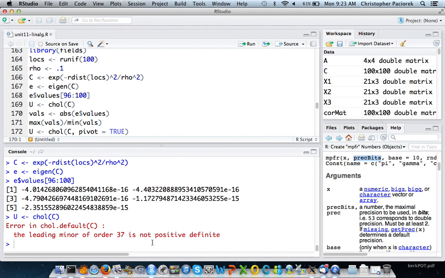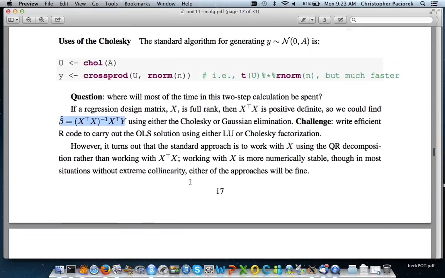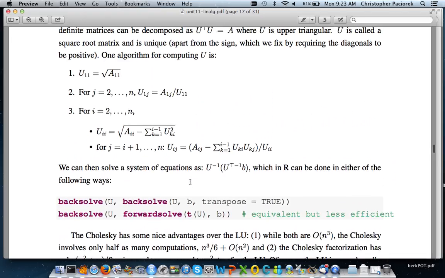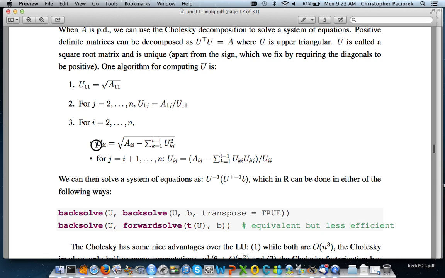And if we go back to the notes, we can see where things might go awry, which is here we've got a U_ii that we're calculating as a square root of something minus something. This is a sum of positive values, so that's going to be positive. This A_ii is also positive for the reasons that we were just discussing.